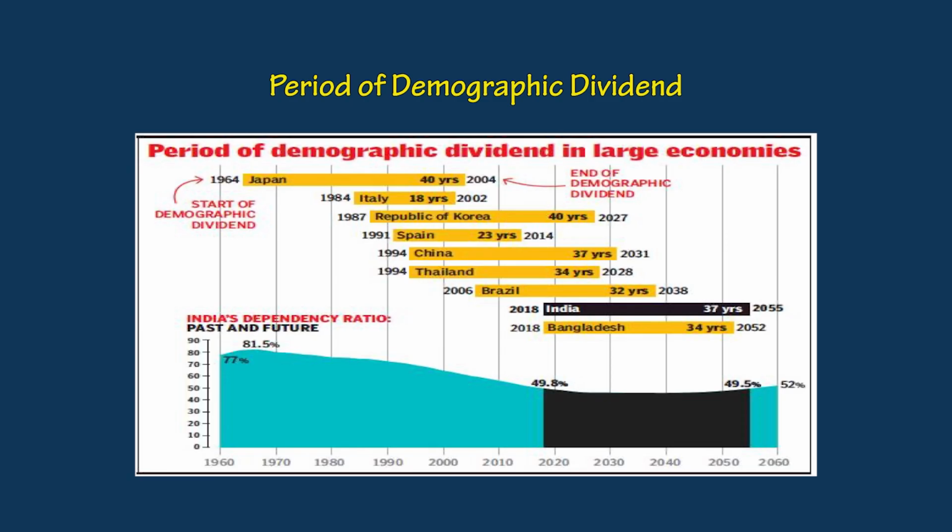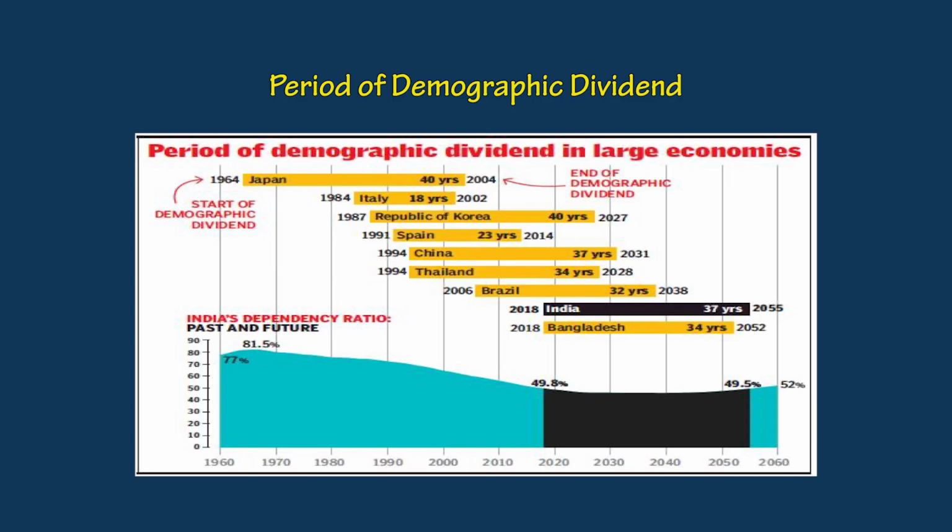Now let us consider India. India's case is very curious because, according to this understanding, India has just entered the phase of demographic dividend since the year 2018, and it is going to get this benefit till the year 2055.